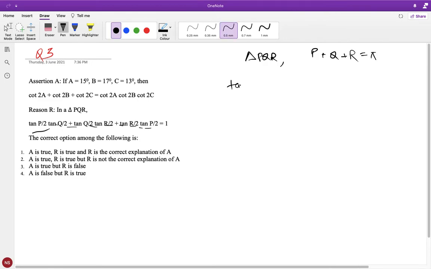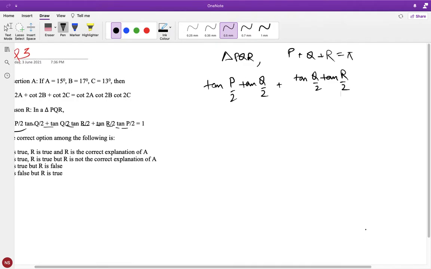Now we want to see whether R is correct or not, whether this is equal to 1 or not. So how to approach it? First, let us just assume R is π minus (P plus Q).